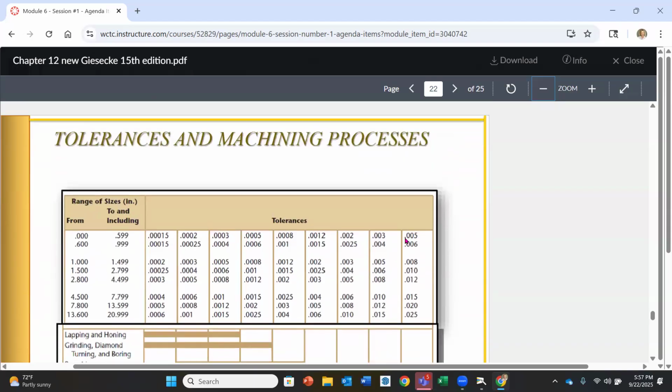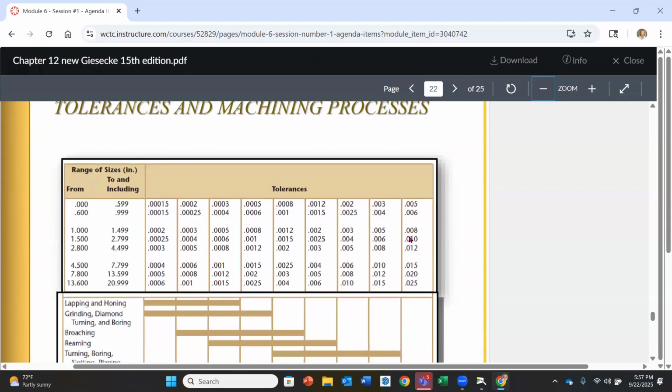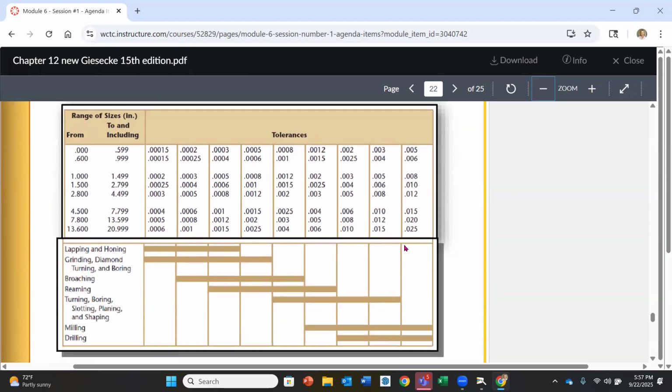The other thing that I think is really important, and this is, again, kind of speaking off of that manufacturing processes side of things, is there are certain processes that are capable of holding certain tolerances. So as we look, I'm going to actually start in the bottom right-hand corner here. You're going to notice that the processes they're referring to are listed on the left-hand side here. And down at the bottom is drilling.